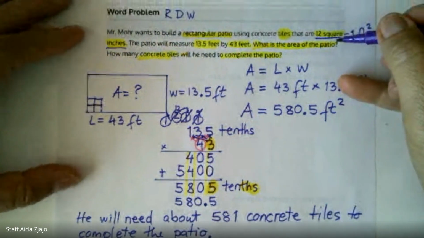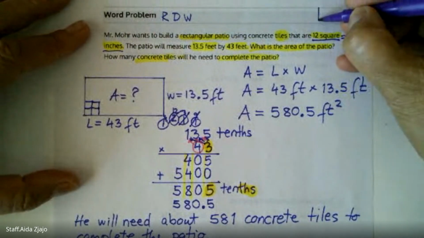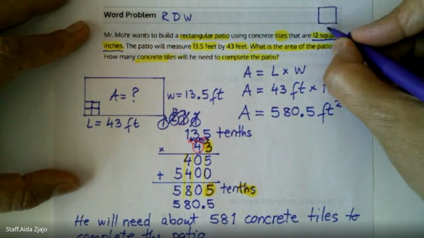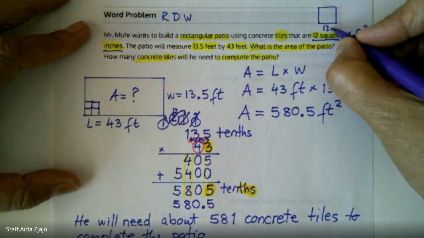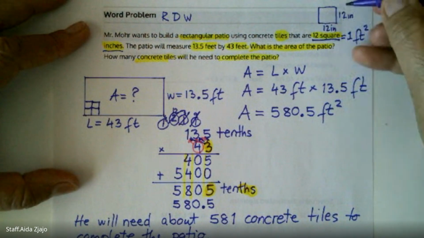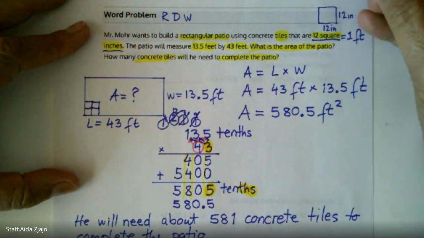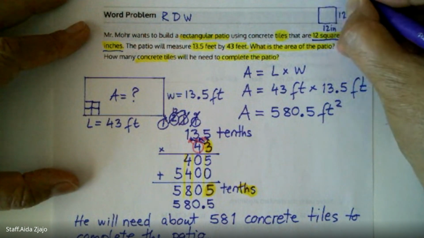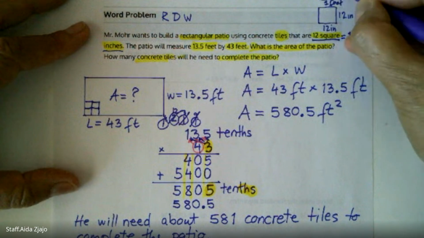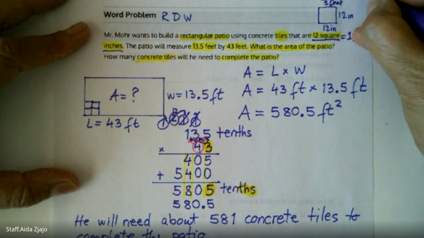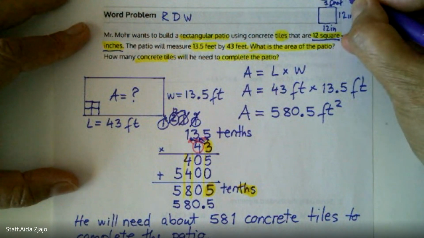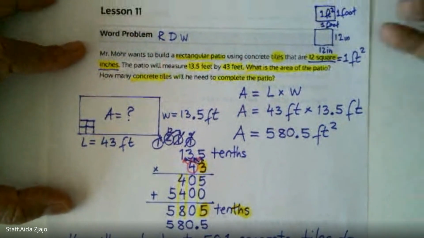If you are still confused about this, think of this as a square. If you say 12 inches by 12 inches, that means this is 1 foot times 1 foot, which is 1 foot squared.